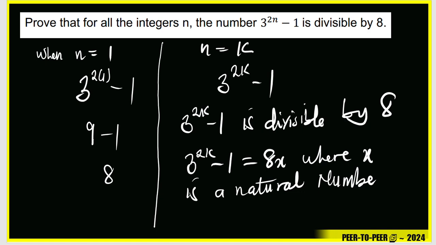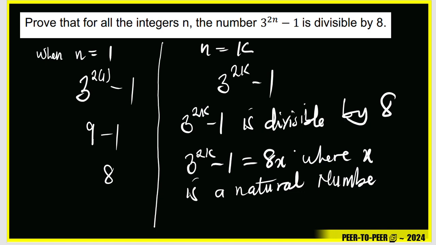into an equation. 3 raised to the power 2k minus 1 is equal to 8x, where x is a natural number. It means that if 3 raised to the power 2k minus 1 is indeed divisible by 8, then the value is going to be a multiple of 8.